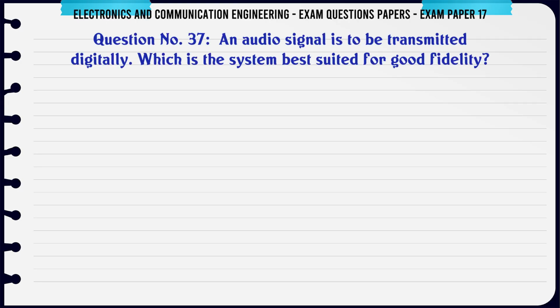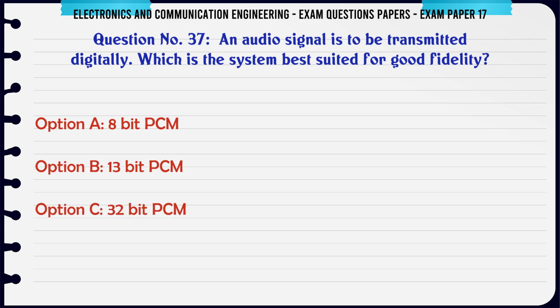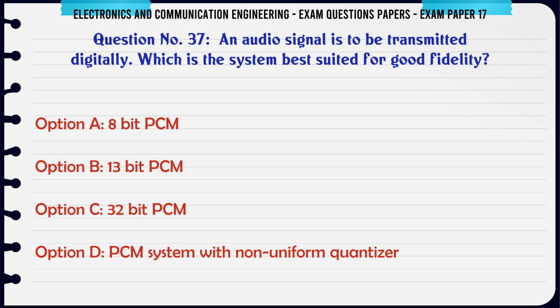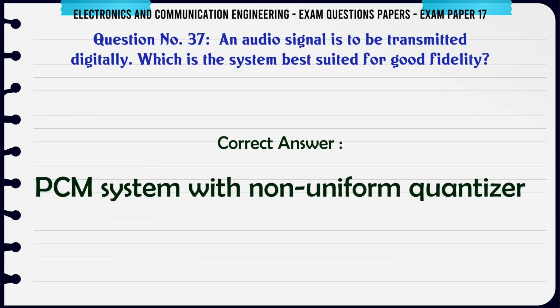An audio signal is to be transmitted digitally. Which is the system best suited for good fidelity? A. 8-bit PCM, B. 13-bit PCM, C. 32-bit PCM, D. PCM system with non-uniform quantizer. The correct answer is PCM system with non-uniform quantizer.